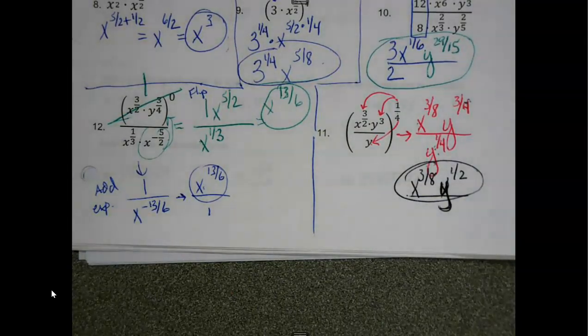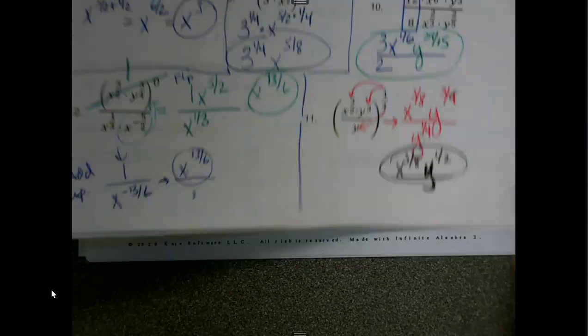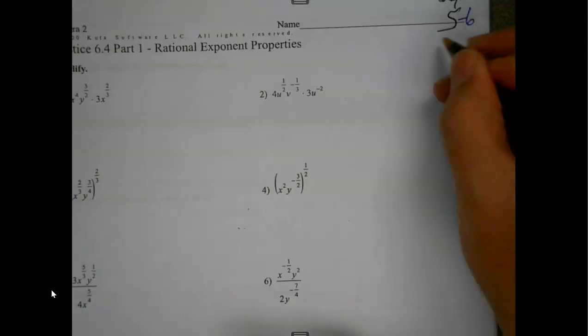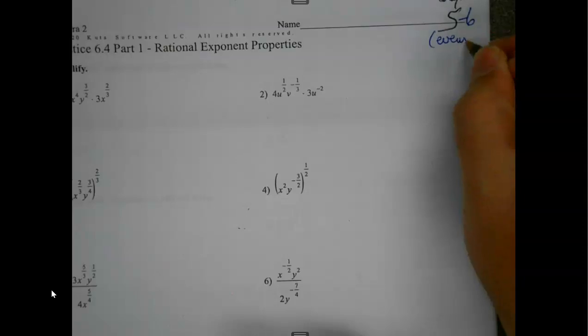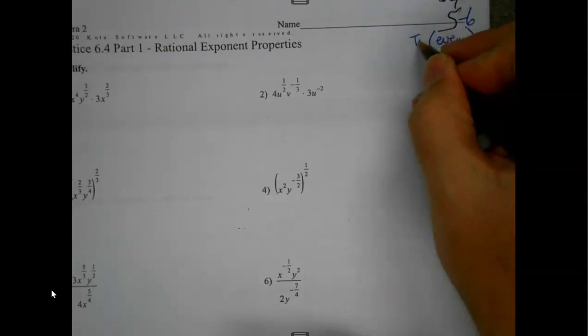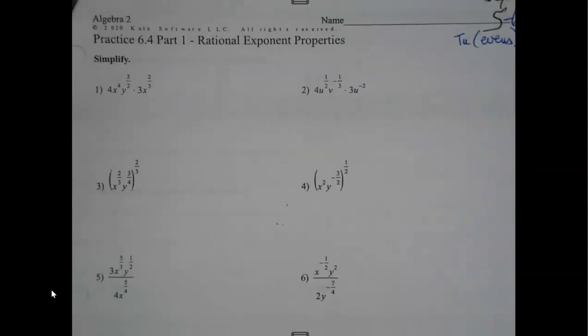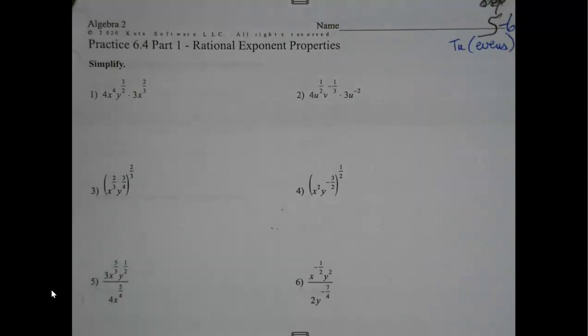So here's the suggestion again, like I'd made on the front page when we were first getting started. When it comes to the practice, we are going to be on page 5 and 6. And my suggestion for you today is to just do the evens. Just roll the evens. We will come back and get the odds later.